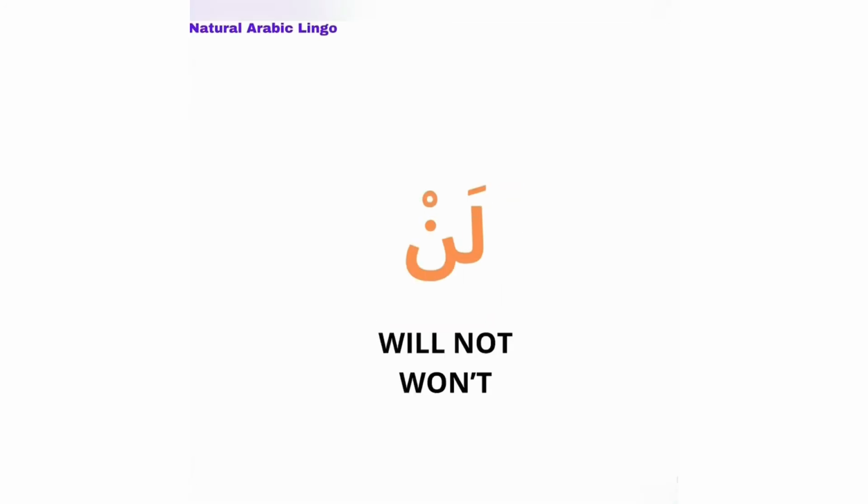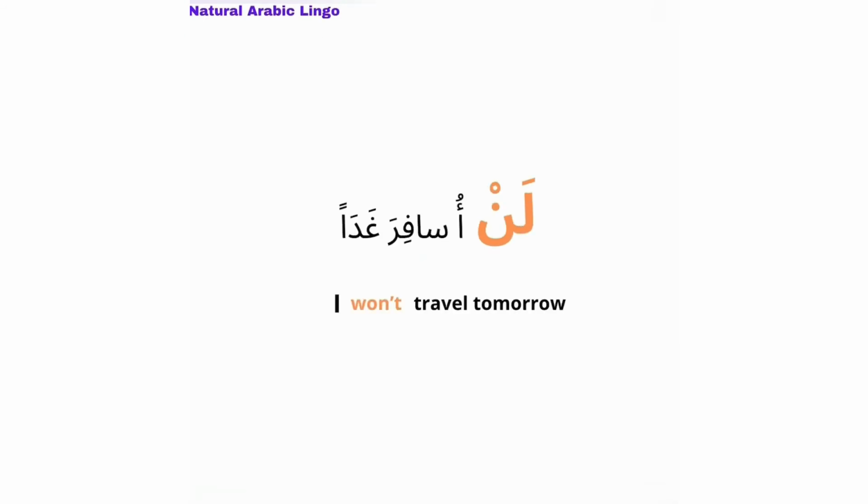لن. You can use لن to make your sentence negative in the future. لن means will not or won't. Let's take example. لن أسافر غدا. I won't travel tomorrow.